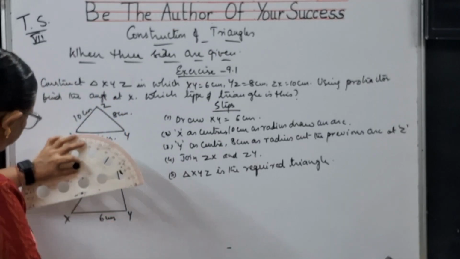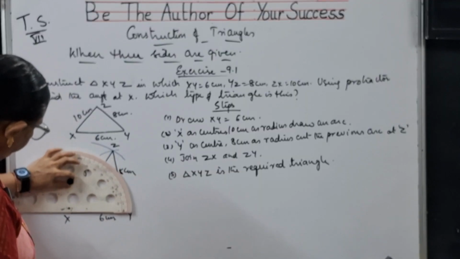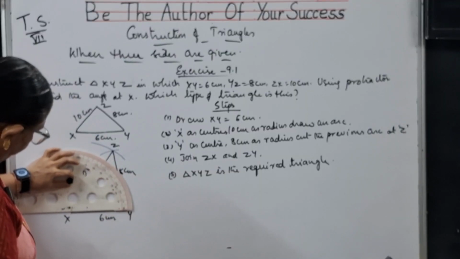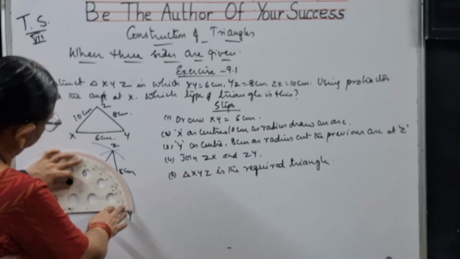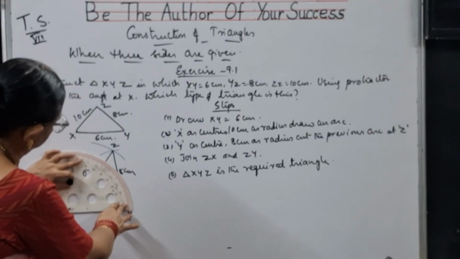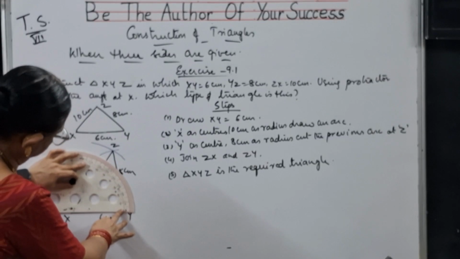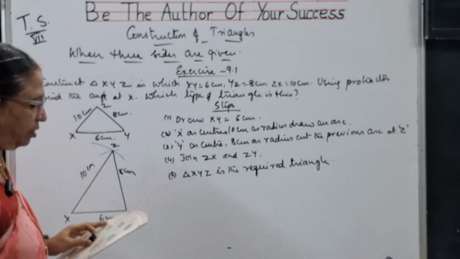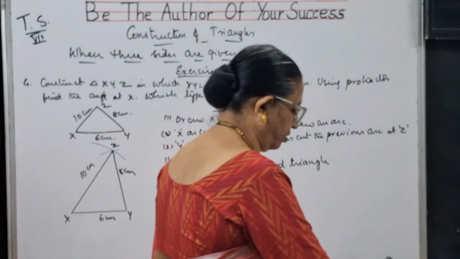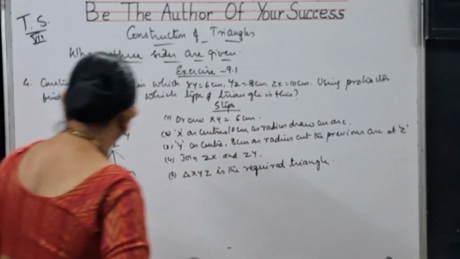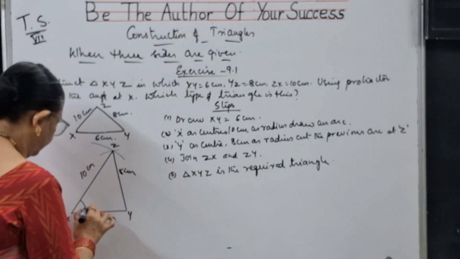So, when I measure angle X, in this way, it is 55 degrees, like that I have got, children. So, angle X, I have got it as 55 degrees here.